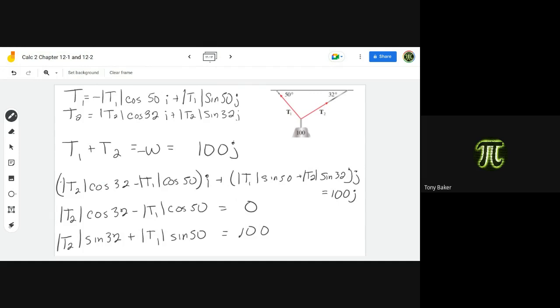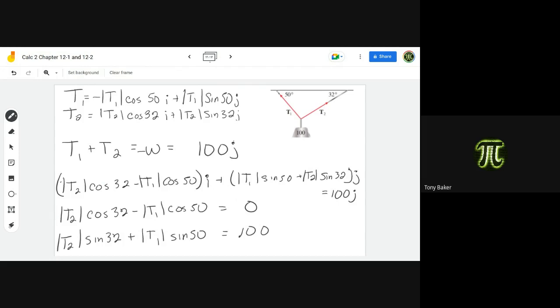All right, so I'm going to run out of room writing these all out. This is fine. How do I solve systems of equations? So we've got two variables in this case, T2 and T1, those magnitudes.